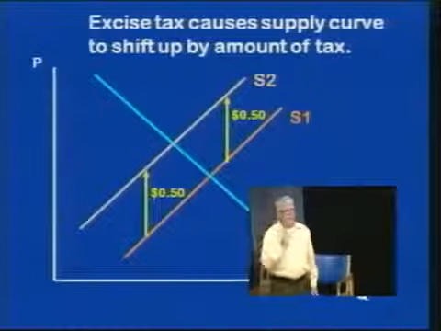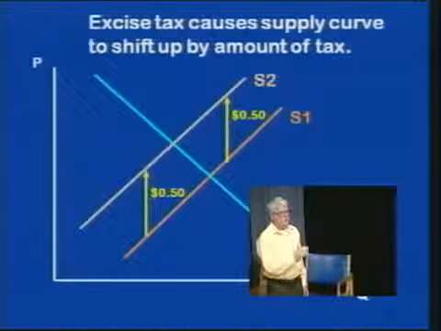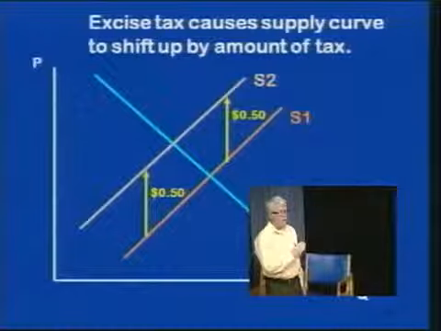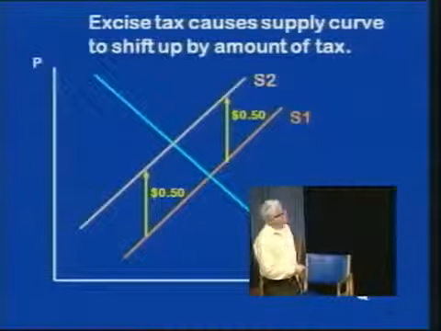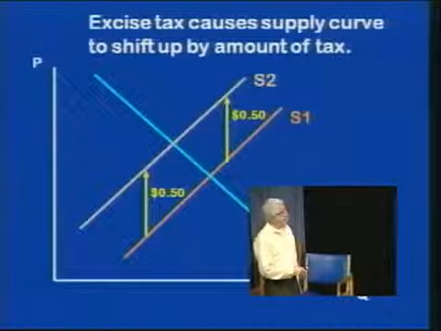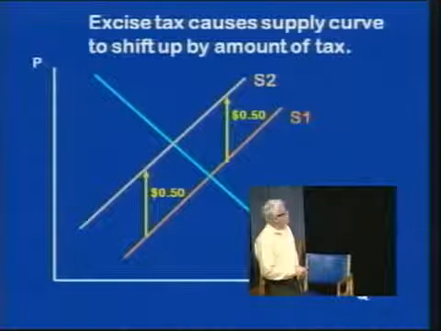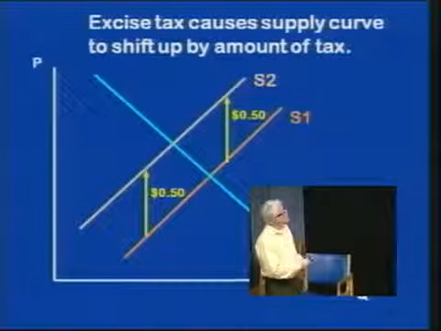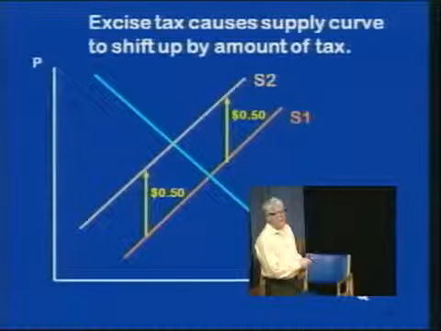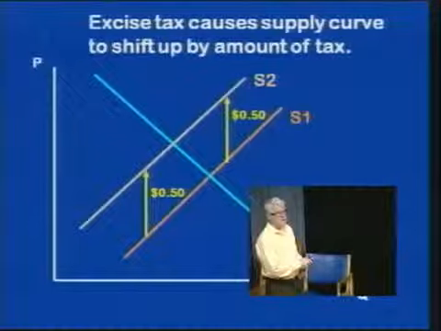The crucial thing is to think about what the supply curves and demand curves are before you look at their interaction. What a supply curve is asking is, if the price were here, how much would suppliers supply? And now the question is, if the price is here and the government takes 50 cents of that price, how much are suppliers willing to supply?